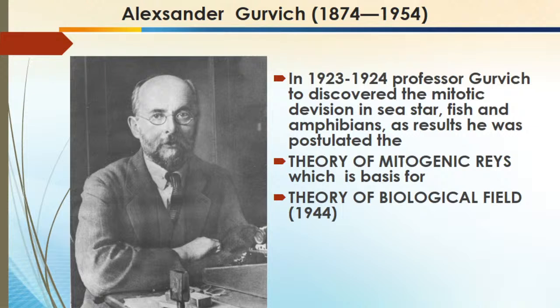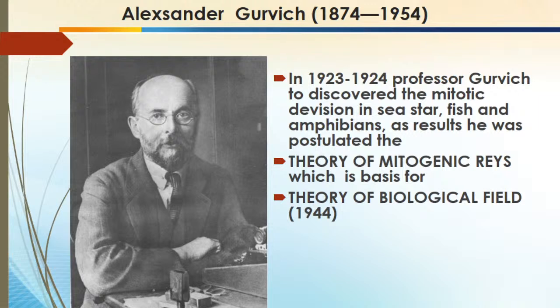Alexander Gurevich was a famous Moscow professor who discovered mitotic division in the sea starfish and amphibians, and as a result of his investigations postulated the theory of mitogenic rays, which is a base for the theory of the biological field. By the way, what does this mitogenic ray mean? When all living cells divide during mitotic division, they release specific ultraviolet rays.